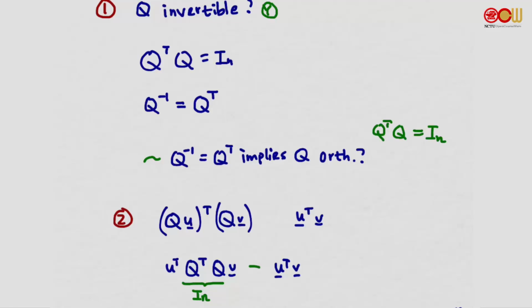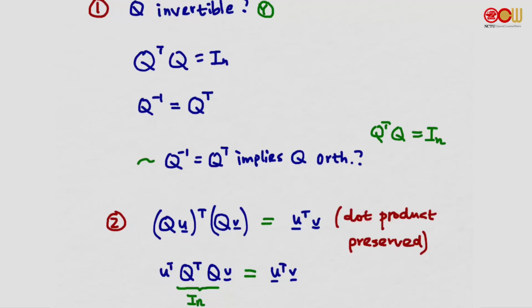So this is equal to U transpose V. So when Q is an orthogonal matrix, the dot product is preserved. If we have the dot product U transpose V, and if we first have QU and QV, then the dot product is still the same. In this case, we say the dot product is preserved.